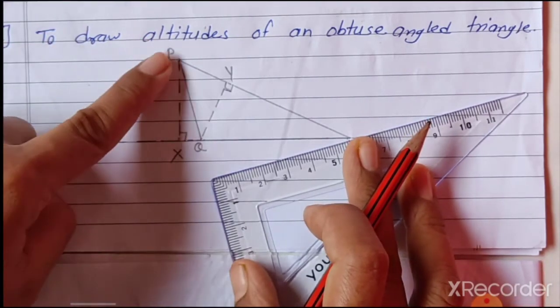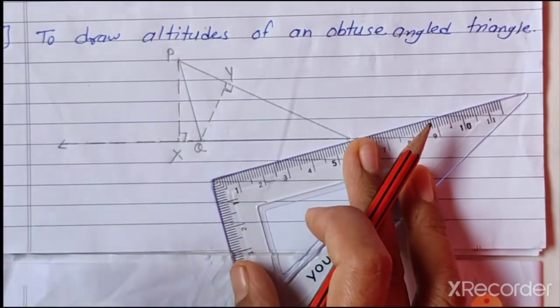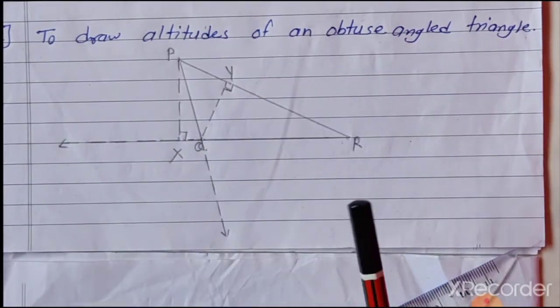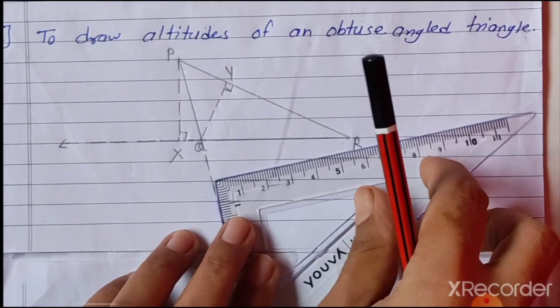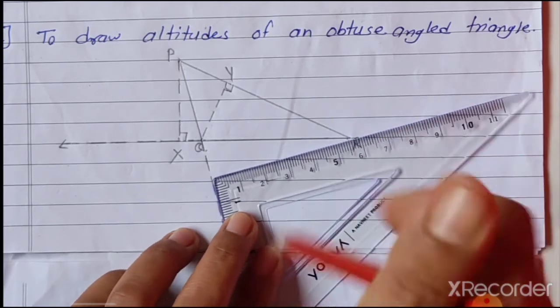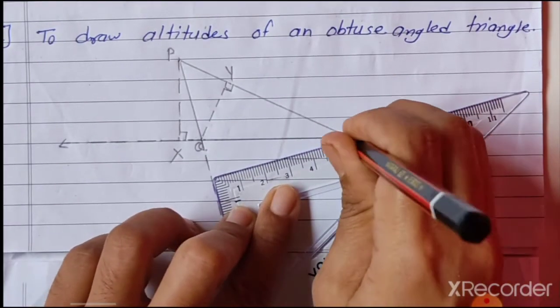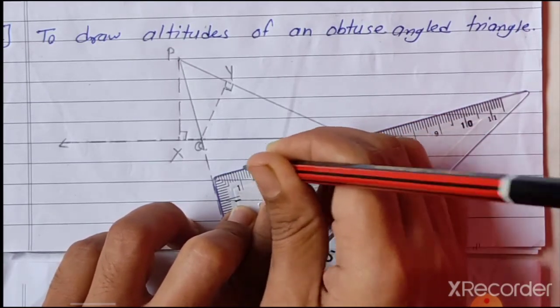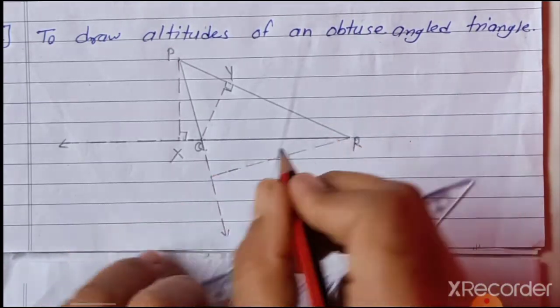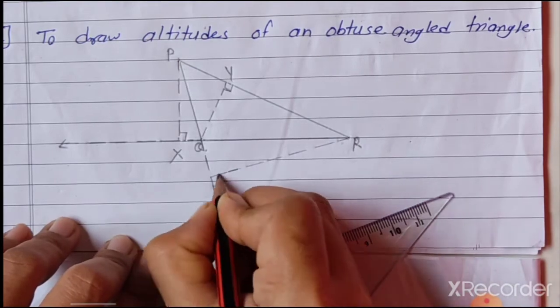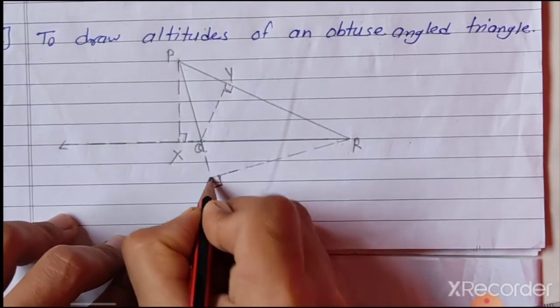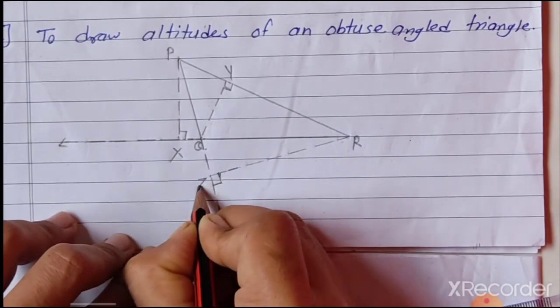Therefore again extend PQ in the direction of Q. It will look like this. Now draw this perpendicular from point R to the segment PQ. So this is our third perpendicular, that is the altitude. Suppose this point is point Z.